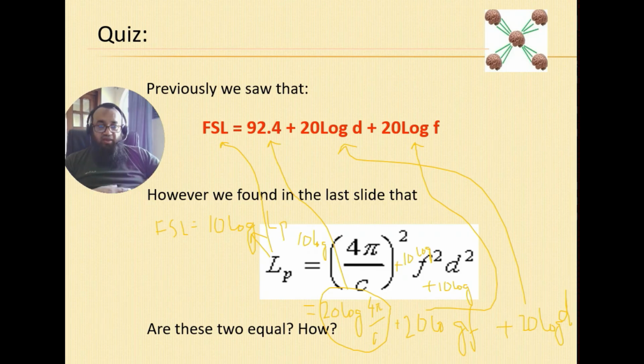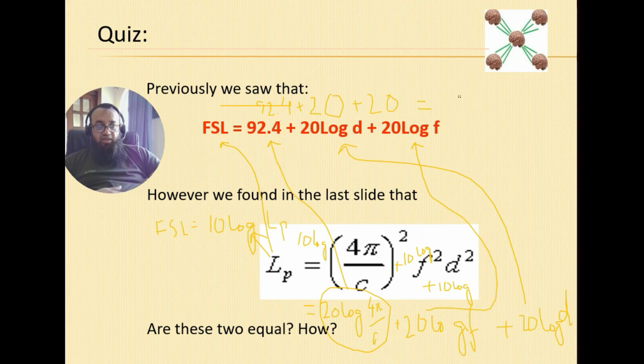And from here we learn one more thing. For example, we know that log of 10 is 1. So if there is a link where the distance is 10 kilometers and the frequency is 10 gigahertz, then because log of 10 is 1, for this particular link, which is 10 kilometers and 10 gigahertz, this will become 92.4 plus 20 plus 20.